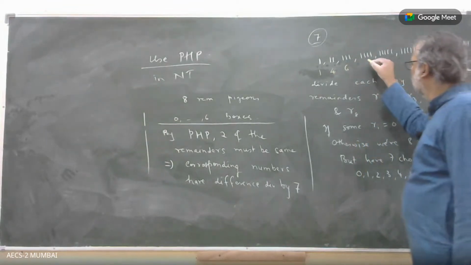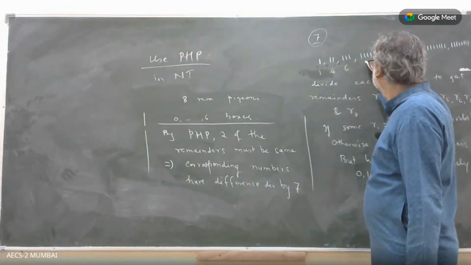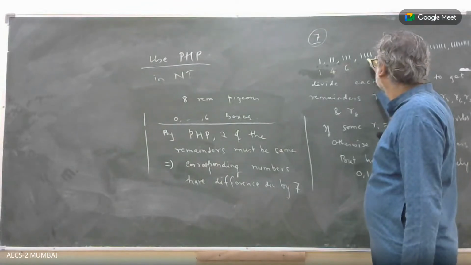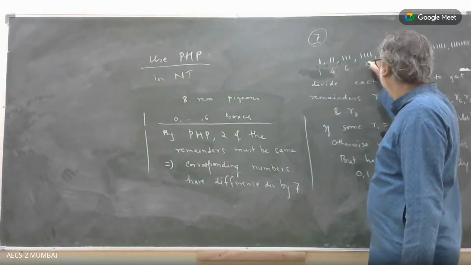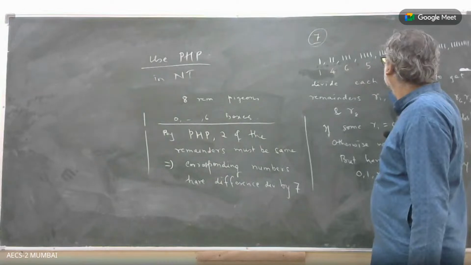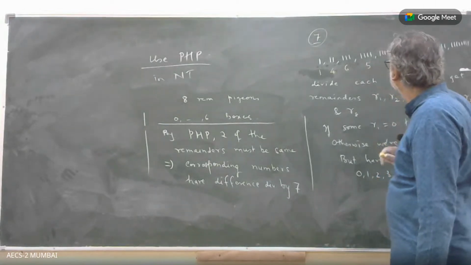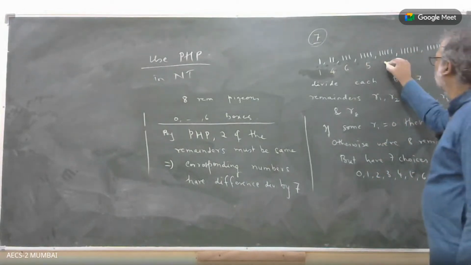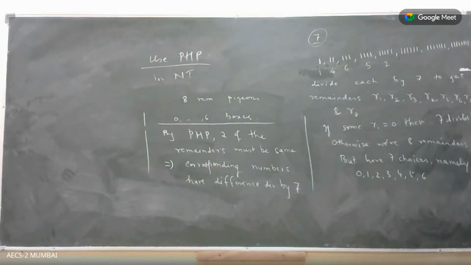For 1111, 5. And for this, 2. In fact, one of the remainders will be 0 because 7 divides that. This is 0.